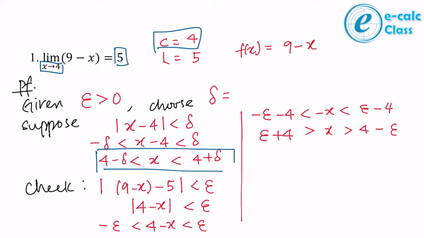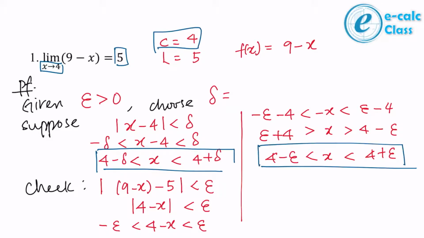And now, to make it easier for us to compare, I flip it again. Maybe I should write it like this so that it's clearer for you to see. And we are done. Now try to compare the two inequalities that I boxed together, these two together.